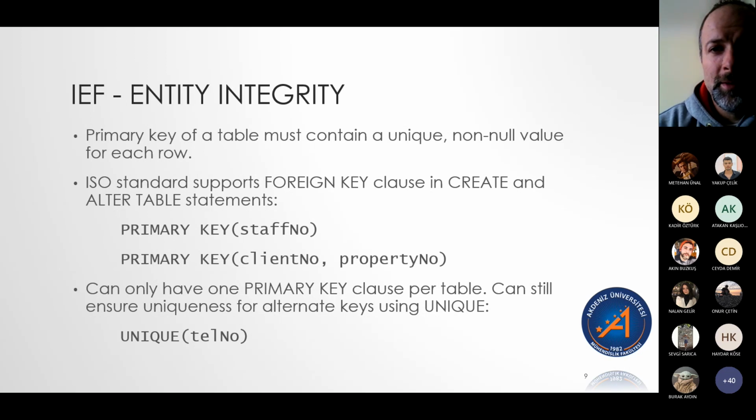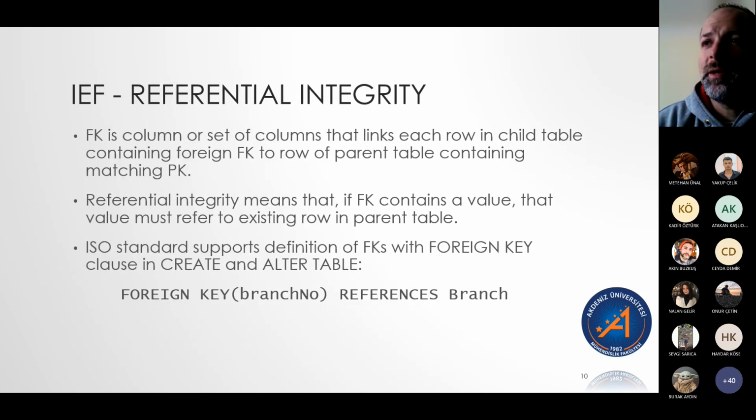All right. In addition to entity integrity, we'll talk about referential integrity. A foreign key is a column or set of columns that links a child table to a parent table. In the parent table, the primary key must exist, right? So if we say foreign key branch number, for example, the branch number column in the staff table references branch.